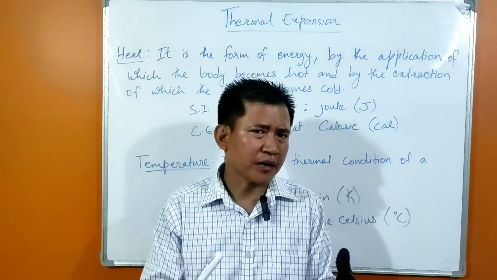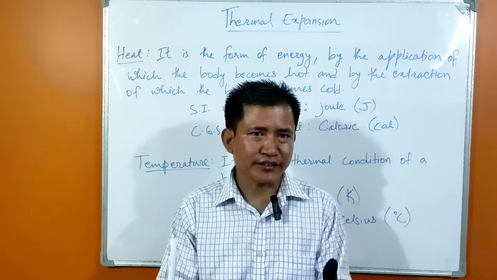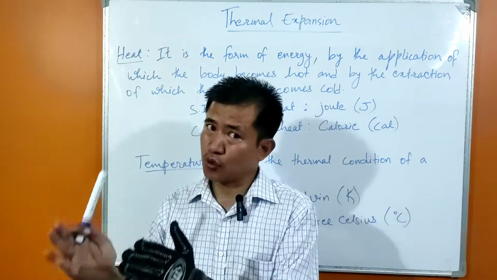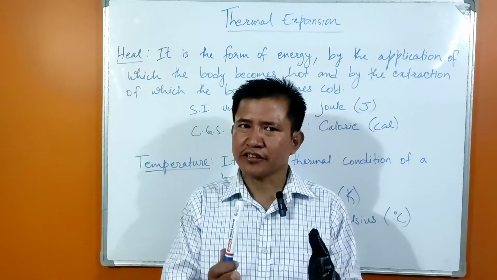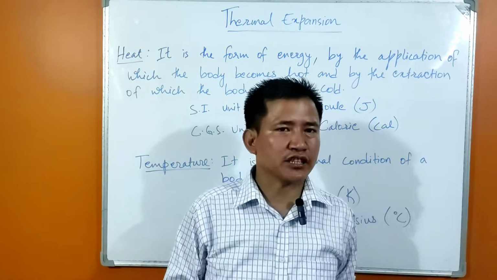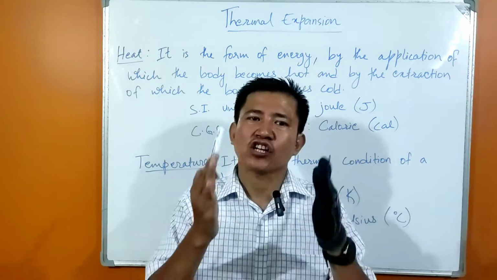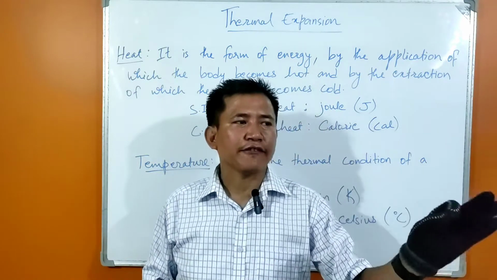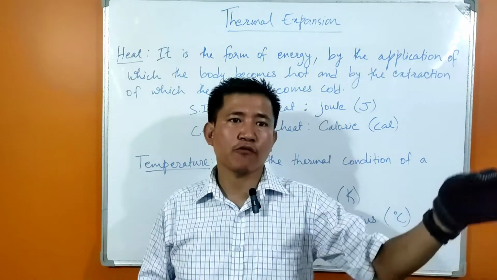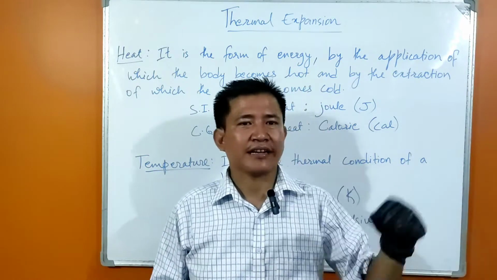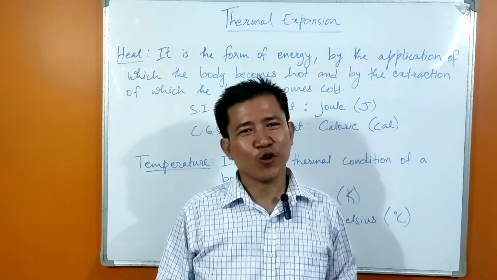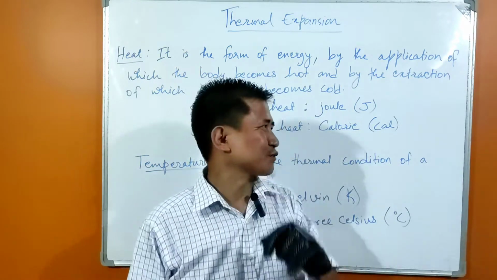Temperature is just a thermal condition which determines whether the body is hot or cold. It determines the hotness or coldness of the body. When we touch the body, if the temperature is high, the body will obviously be hot. If the temperature of the body is low, the body is at low temperature. I hope you got this point.